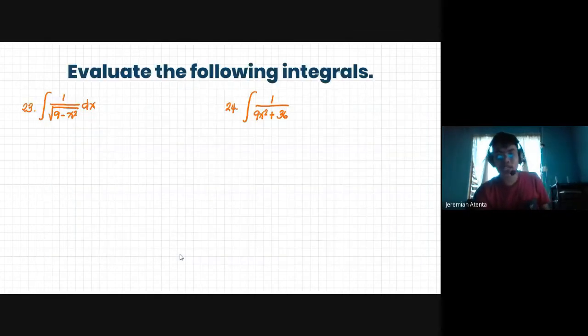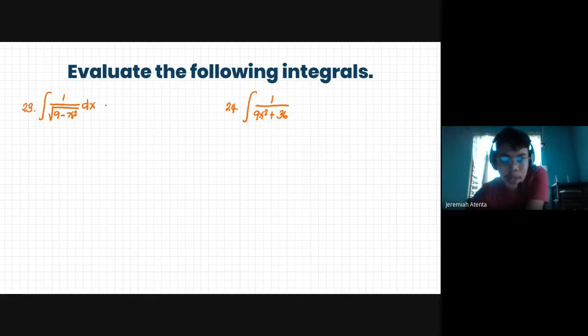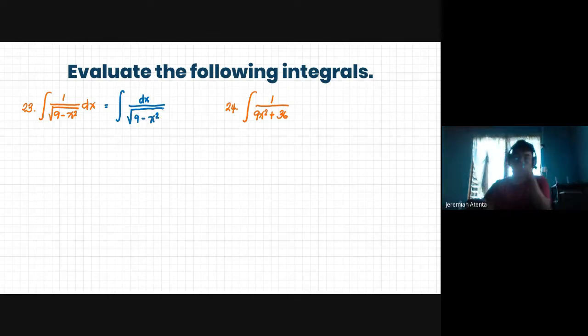Let's try this one. We have the integral of 1 over the square root of 9 minus x squared dx. Or you can rewrite this as the integral of dx over the square root of 9 minus x squared.